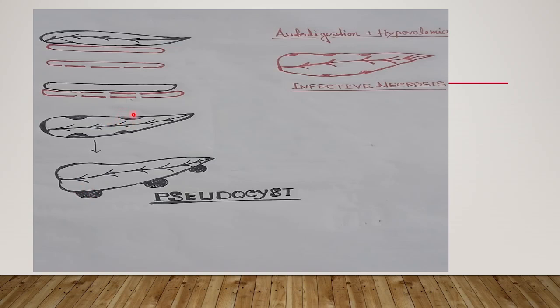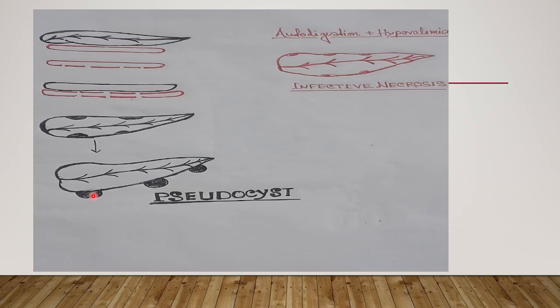When the fluid accumulates in the pancreas, it leads to inflammation, and if this fluid is encapsulated by fibrous tissue, then it is called a pseudocyst. When bacterial infection occurs in the pseudocyst, then it turns into a pancreatic abscess.